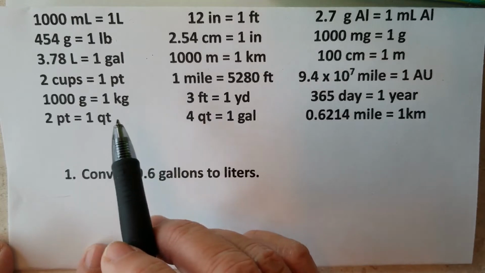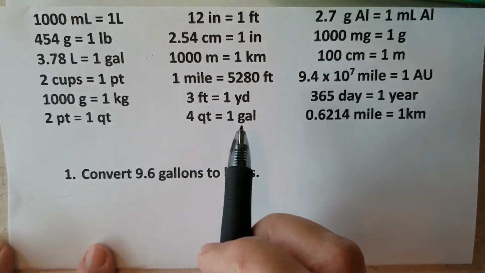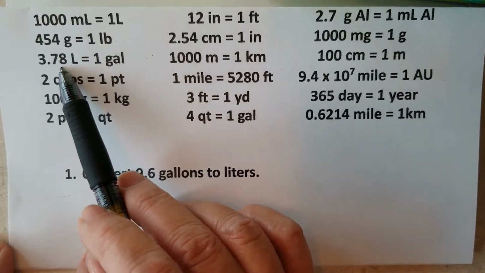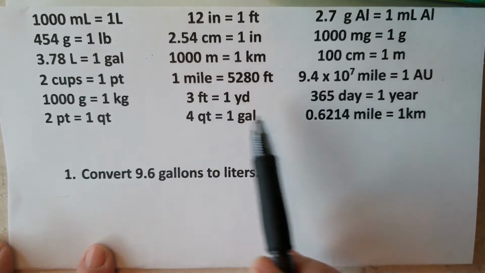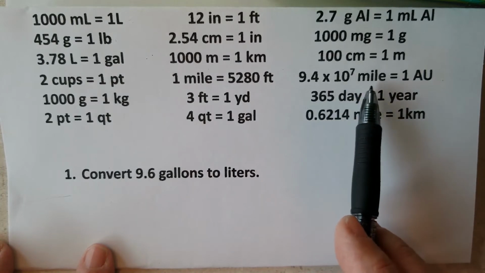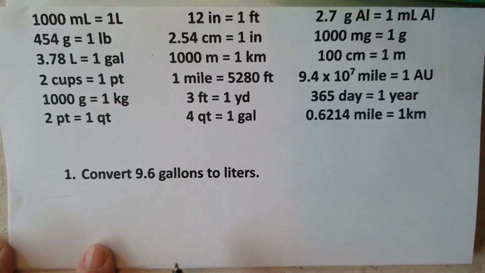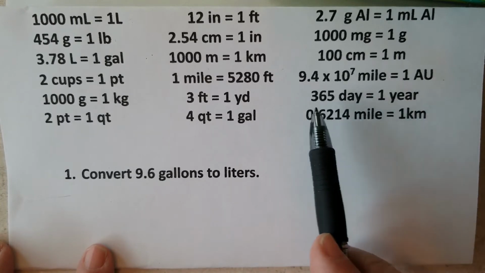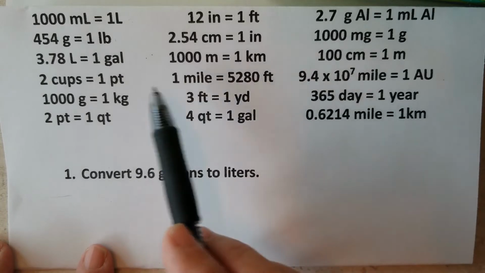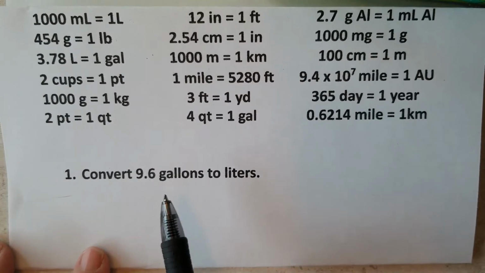Maybe you know there's 2 pints in a quart or 4 quarts in a gallon. And the others are converting English to metric, 3.78 liters to 1 gallon, and also some other units, 9.4 times 10 to the 7th mile equals 1 astronomical unit, or a time, 365 days equals 1 year.